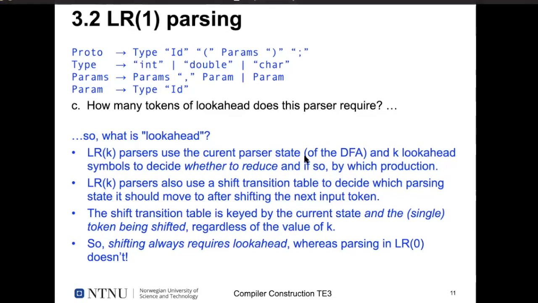But for deciding whether to reduce or not, that is the K that's important for us here. Then it's a difference in the power of the language, actually, what value this K encodes. So shifting always requires look-ahead, even in an LR0 parser, whereas reducing in LR0 doesn't require look-ahead.